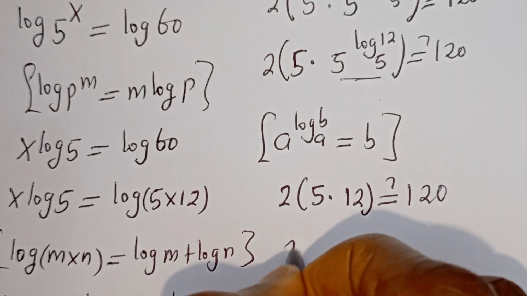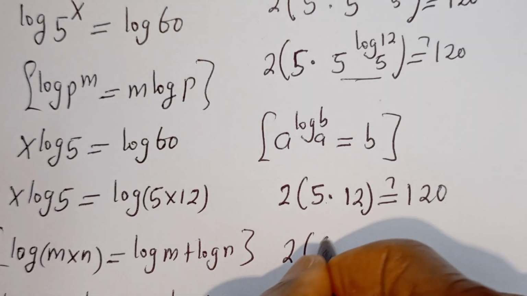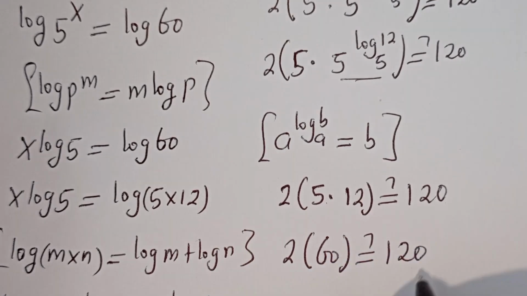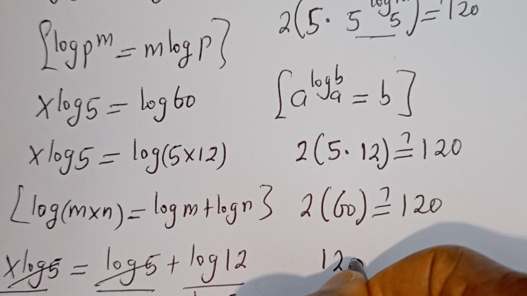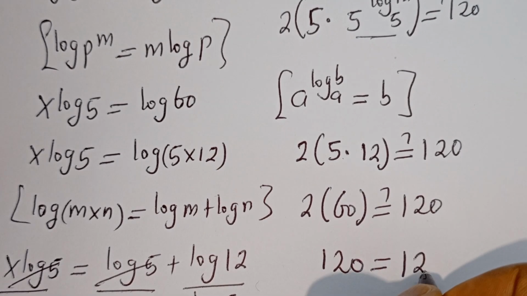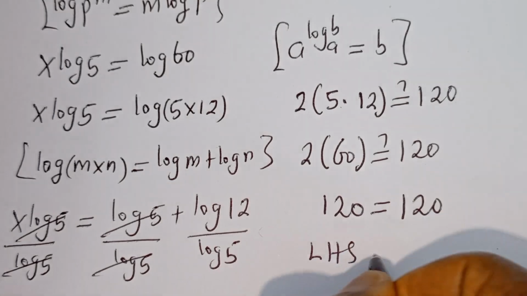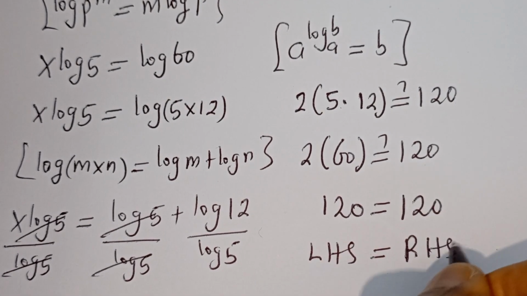Now here we have 2 bracket 5 times 12, that is 60, must be equal to 120. Then we have 2 multiplied by 60, this is 120, is equal to 120. You can see that the left hand side is equal to the right hand side, which is true.